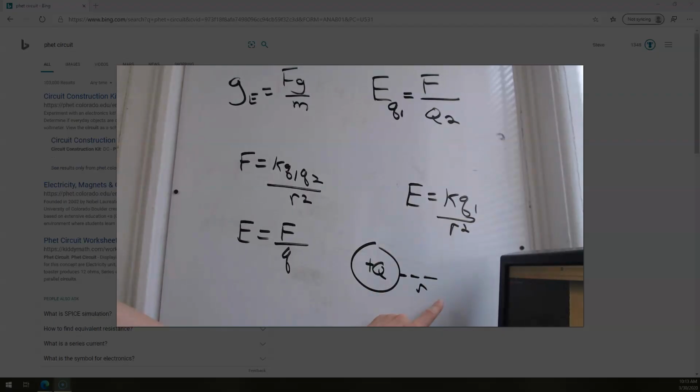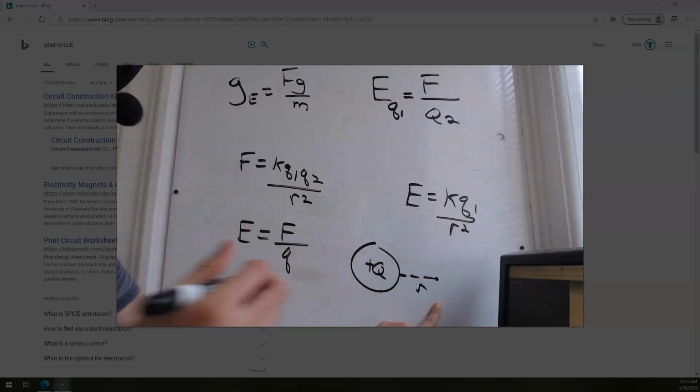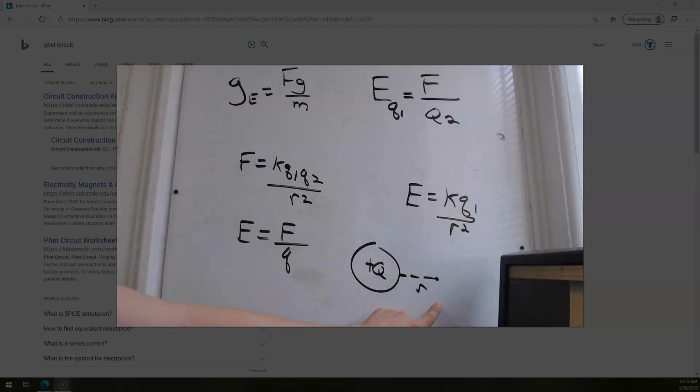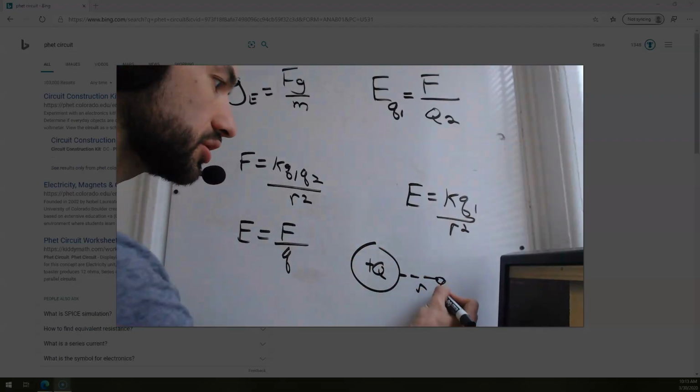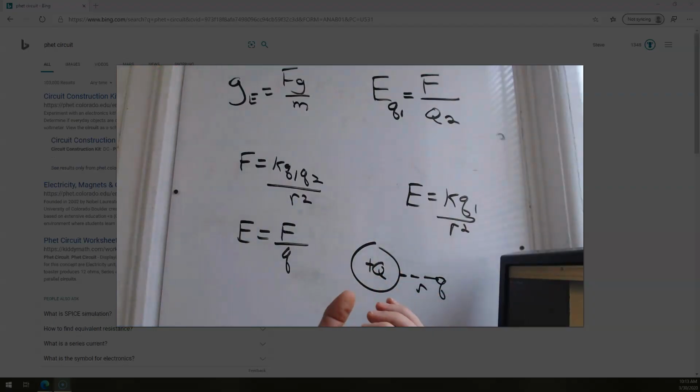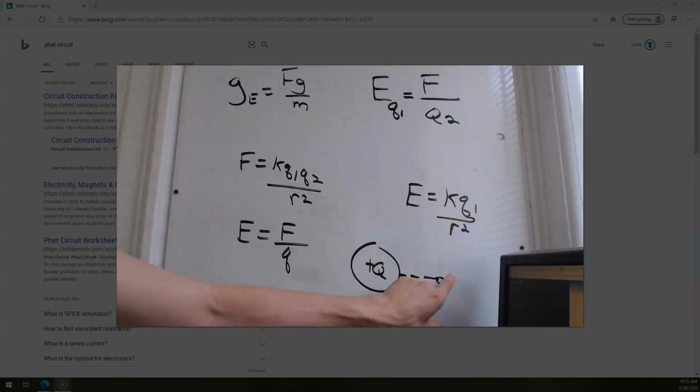What is the field strength some distance R away from Q? It's really important that you recognize you're not dividing by this Q. You're making up a different Q that's right here, just like we had some mass when we had the Earth and we were finding the force on that mass. You're finding the force on some other charge because of this charge that they're asking about.